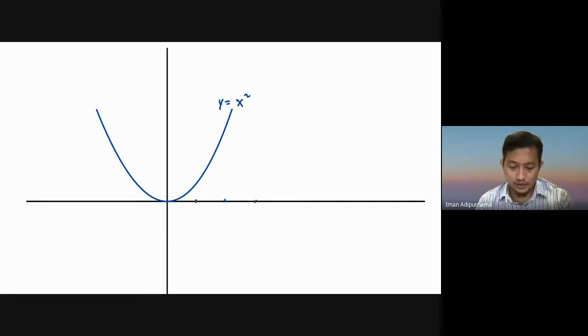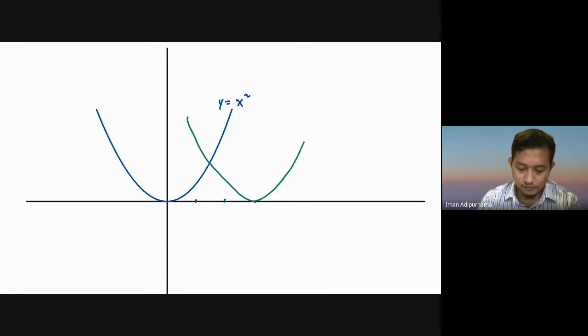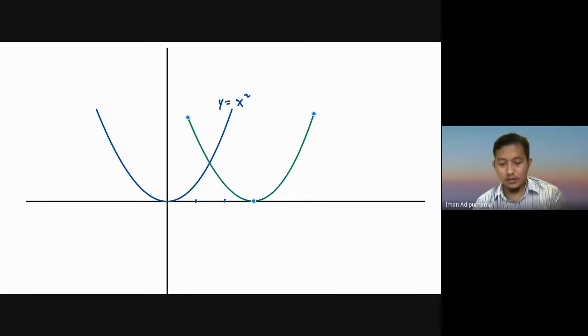Let's say that is our x. Okay, let's say that is our x minus 3 squared. Okay, let's say that is our shifting to the right 3 units.